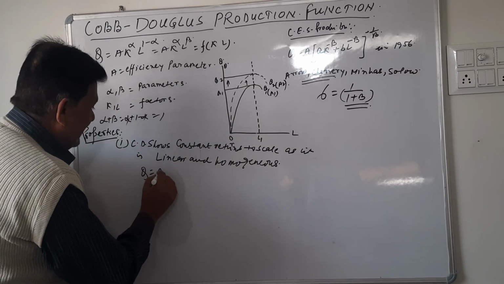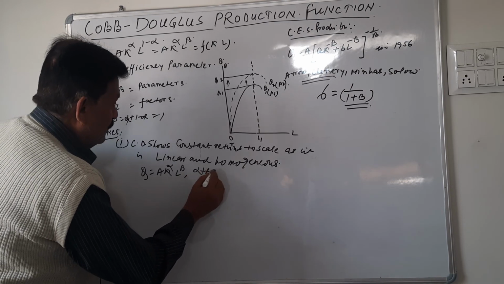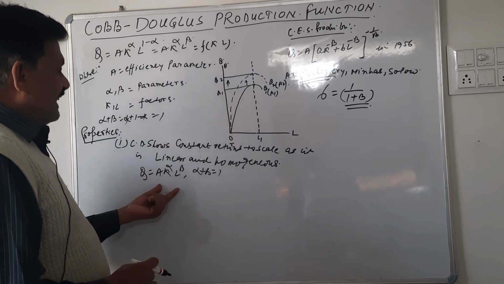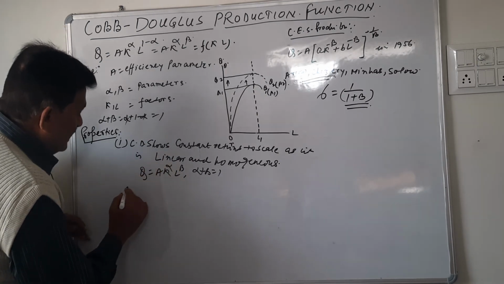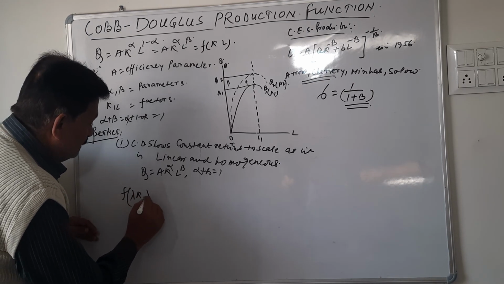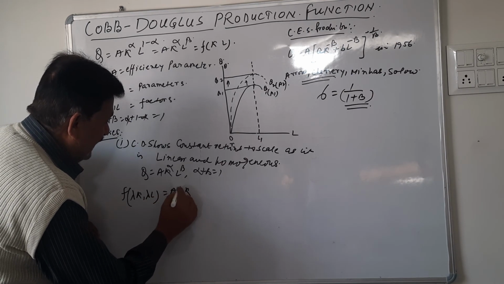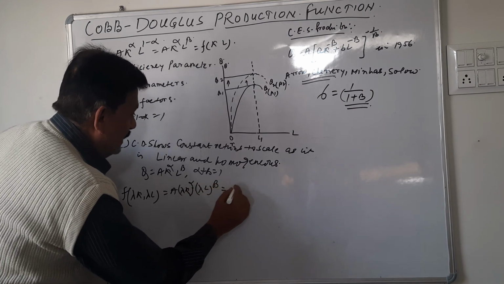Q is A, K to the power alpha, L to the power beta. It is known that alpha plus beta is 1. So for finding its returns to scale, we are supposed to calculate the degree of homogeneity. So what we do, we multiply both variables by a constant lambda: A, lambda K to the power alpha, lambda L to the power beta.